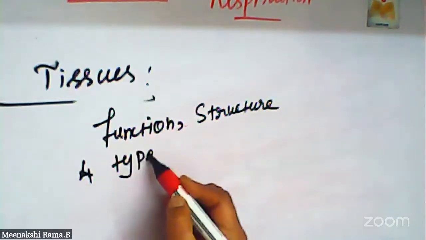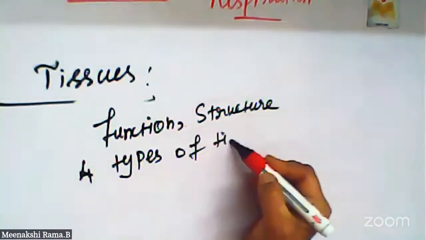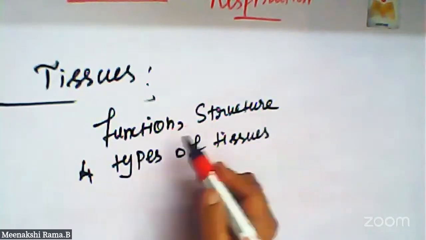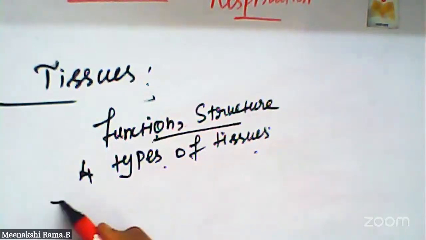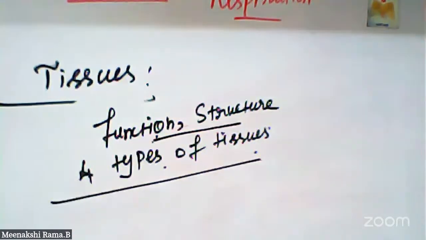There are 4 types of tissues, depending upon function and structure.